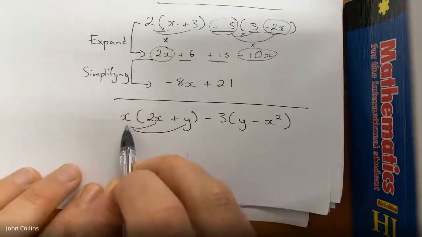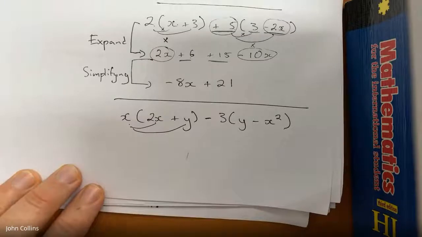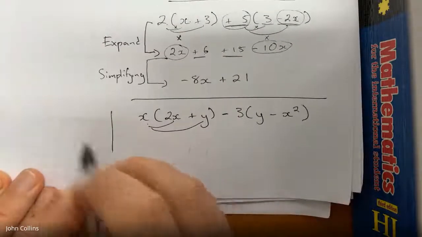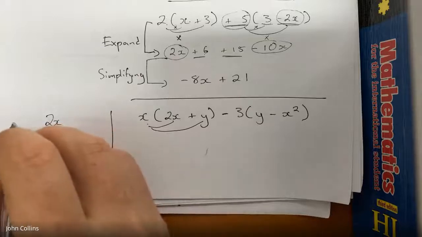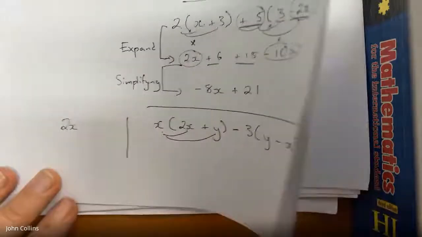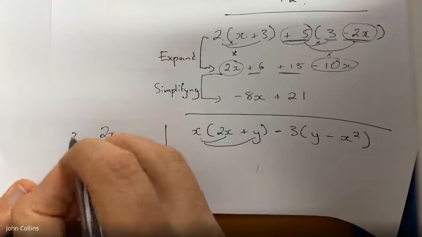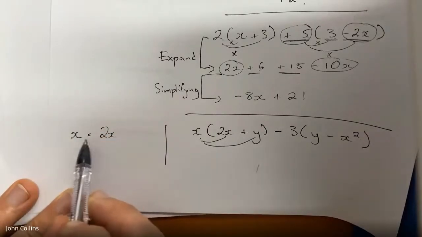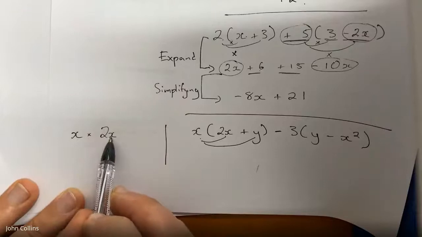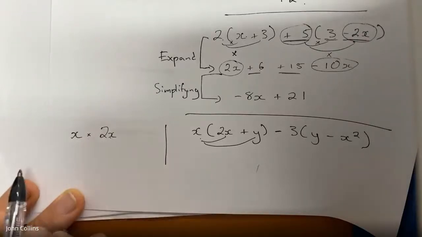Okay, so x times 2x. So I want to take that as a sidebar over here. x and 2x. So x multiplied, so this is one of the reasons we don't use the multiplication sign, because x times 2x, you could be confused having 3 x's.